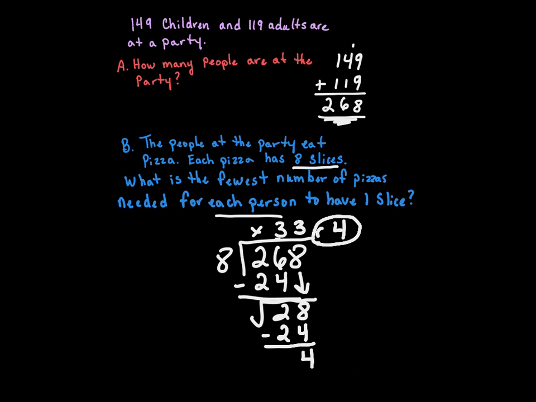We have 33 pies that we need to order, but then we're going to tell 4 people that they can't eat. That's not going to happen. So what we have to do is add on an extra pie so those 4 people can have a slice too. So you really need to order 34 pies.